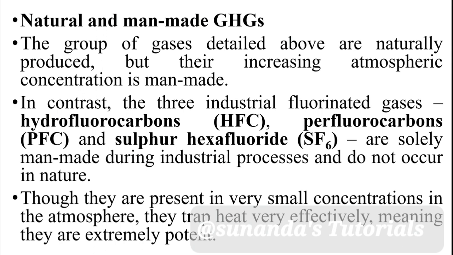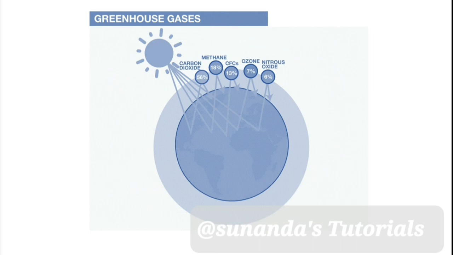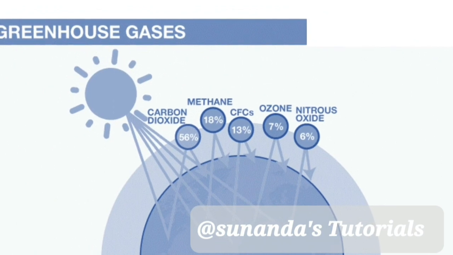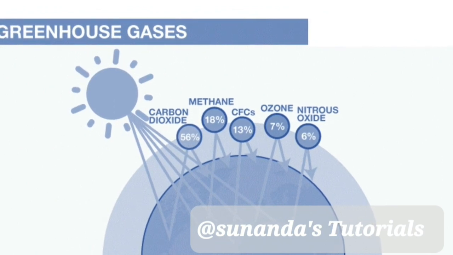They are mainly produced from the industries. So these are the greenhouse gases present in the atmosphere. They trap the sun's heat and make the earth hotter or warmer.